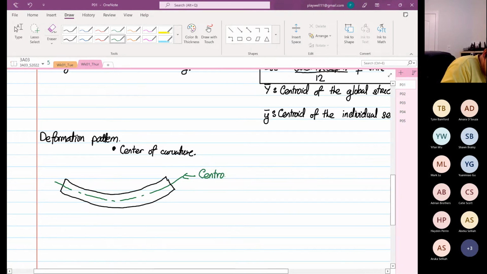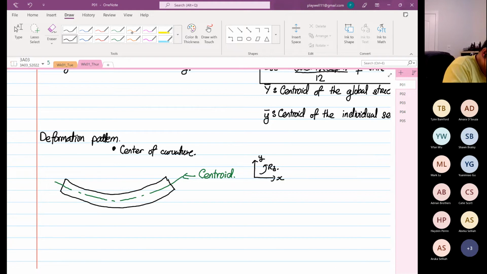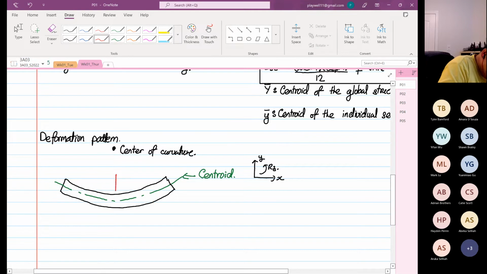I will draw our transformation just for you to recall. So this is our transformation. This is X, this is Y, and this is rotation about Z. And we are aware that we have an applied force coming down at the center.